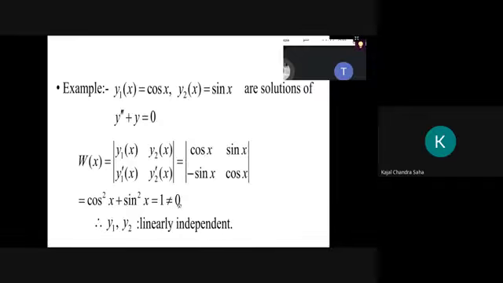So the Wronskian value is not equal to 0. So we claim that y1 and y2 are linearly independent, so the fundamental set of solutions are linearly independent to each other. That means their linear combination is a general solution, and it can be written as y is equal to c1 y1 plus c2 y2, where c1 and c2 are arbitrary constants.